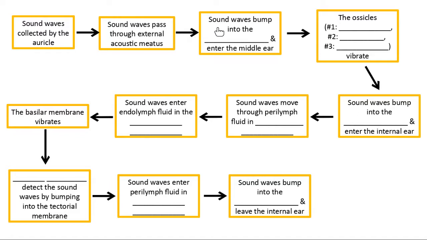At the end of the external acoustic meatus, those sound waves are going to bump into something. What's the something that divides the external ear from the middle ear? What do those sound waves bump into? Yeah, we're bumping into the thing called the tympanic membrane.